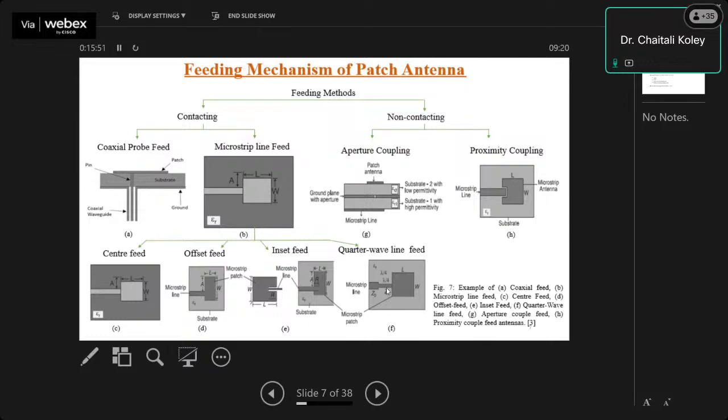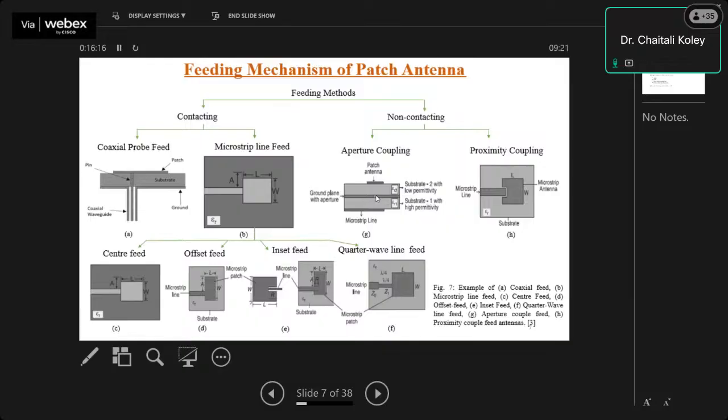So here we are using the quarter wave structure to feed the patch antenna. Now another non-contacting technique. Here, if you see, there is aperture coupling and proximity coupling. In aperture coupling, in the ground plane there is a small slot.